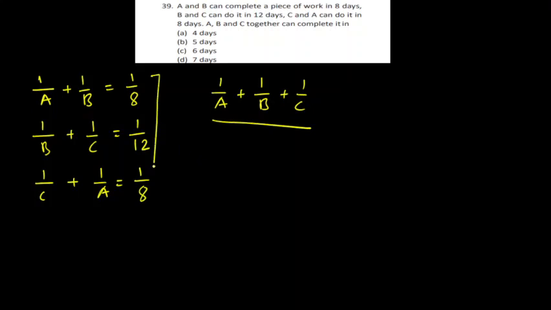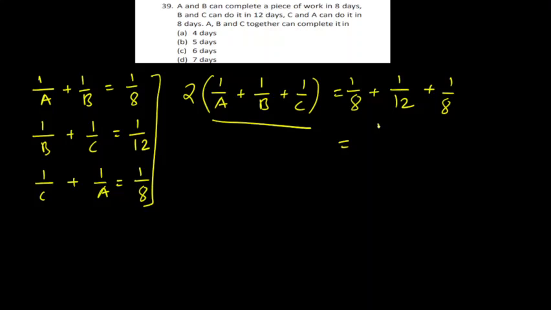If you look at all these three equations and add them, you will get this sum, but only twice, because 1 by A comes twice, and 1 by B and 1 by C also come twice. And this is going to equal 1 over 8 plus 1 over 12 plus 1 over 8. Now if you simplify this sum, it will come out to be 1 over 3.